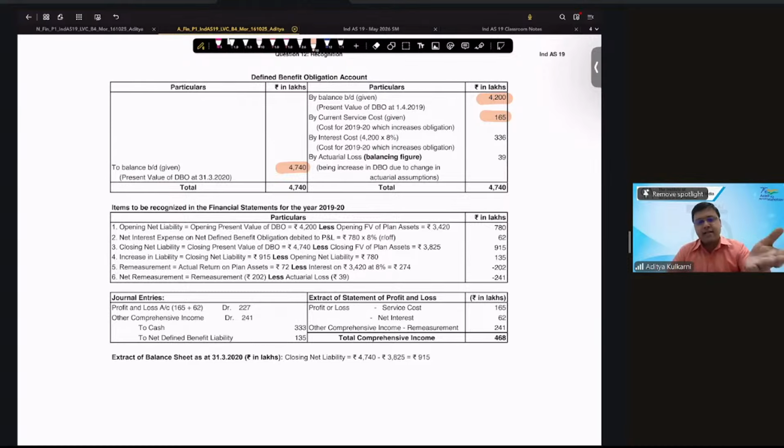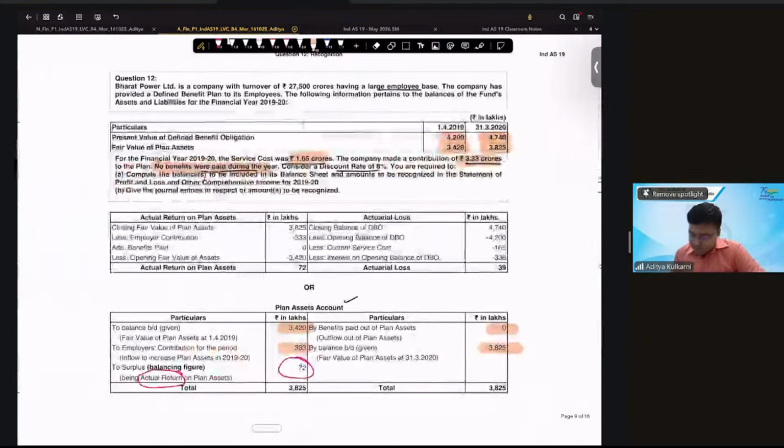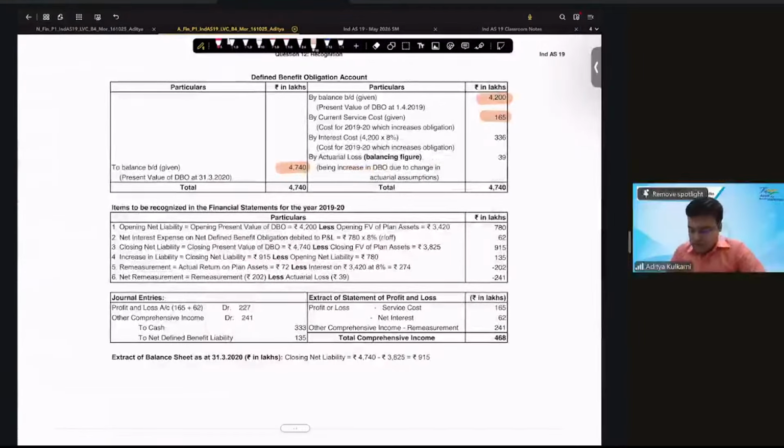We have seen the entry: current service cost account debit to provision for post-employment obligation or DBO. Next, they have given discount rate of 8%. So this will obviously be your interest cost, 4,200 into 8%.